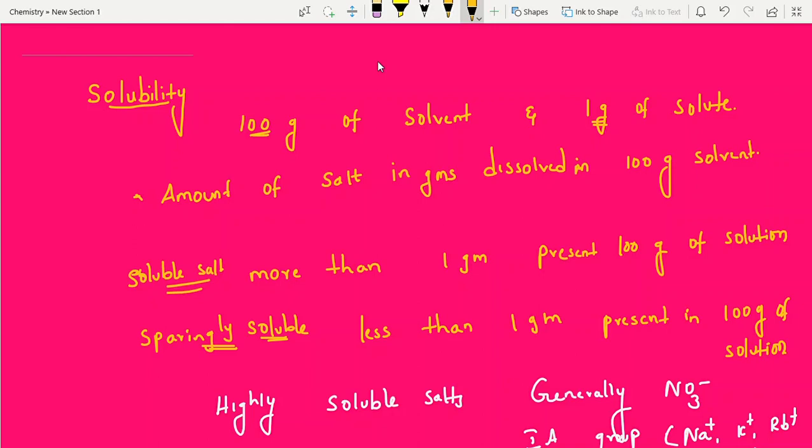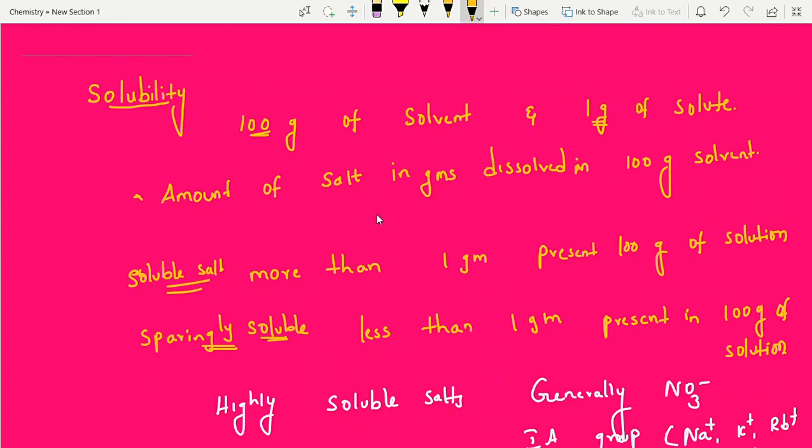Okay, students. First, we look into the solubility definition. I have written some points to save time. 100 grams of solvent I am taking, a fixed amount of solvent, 100 grams of solvent and 1 gram of solute. Now come back to the solubility. What is solubility?